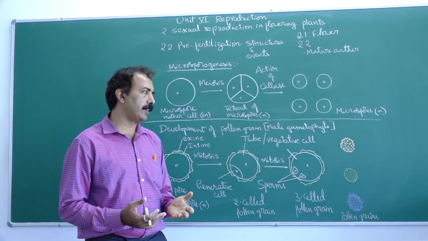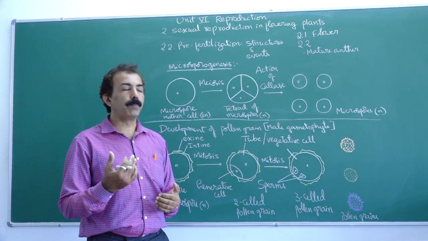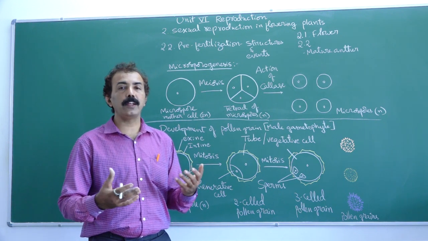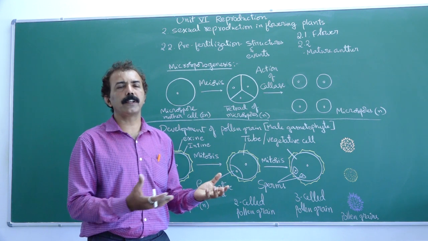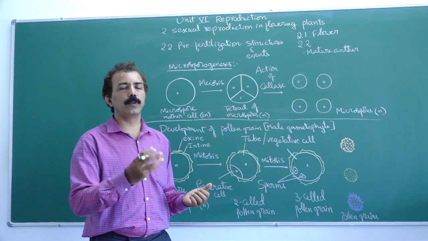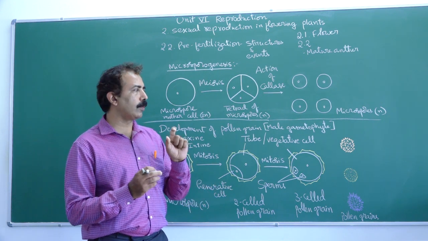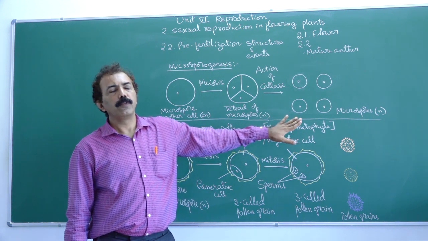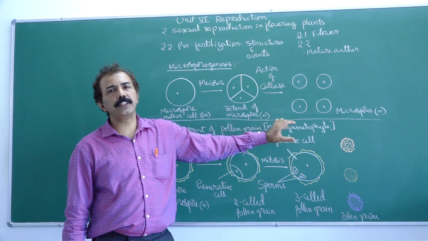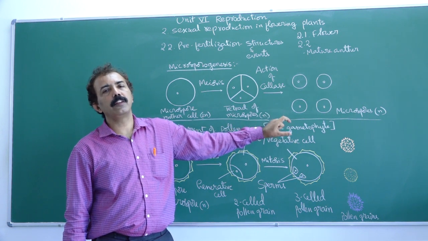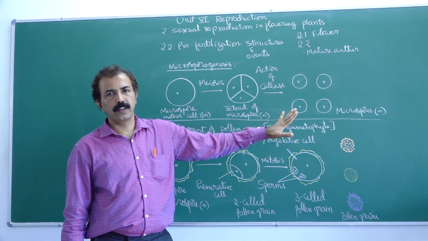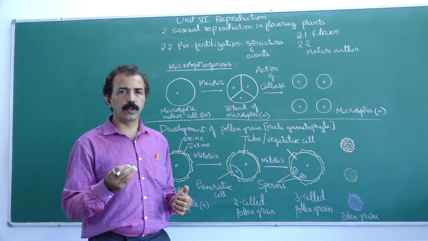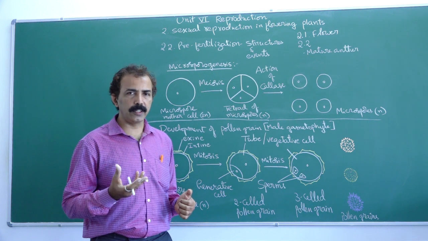If you are a person specialized in studying pollen grains, you must be called a palynologist. The topic is palynology, the study of pollen grains. You will be able to identify the plant species just by seeing the pollen grain. The pollen morphology tells you from which plant the pollen grain is derived. So in a city area, you see a lot of weeds growing all over, for example Parthenium.